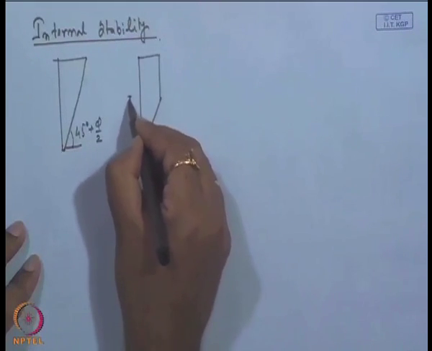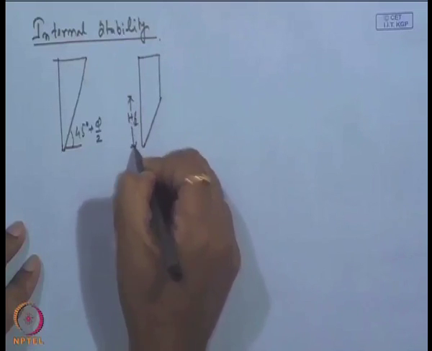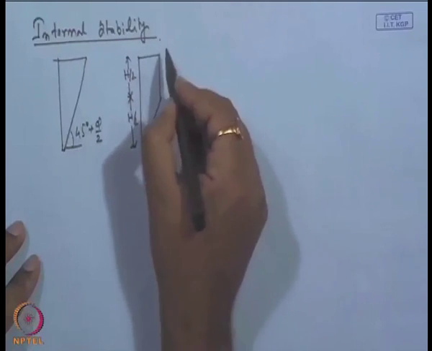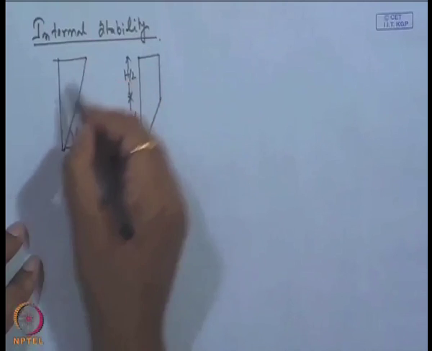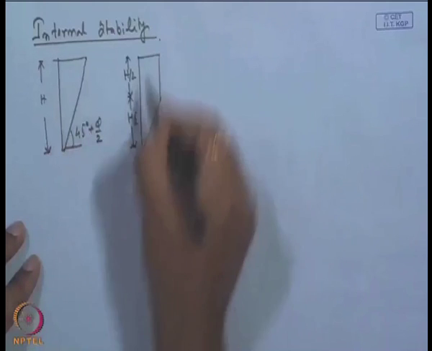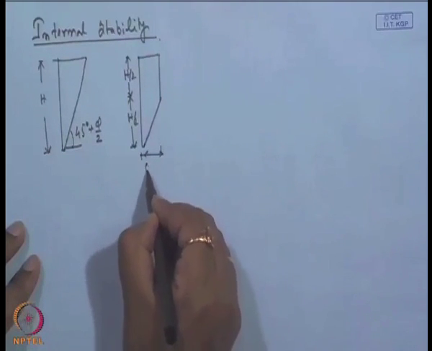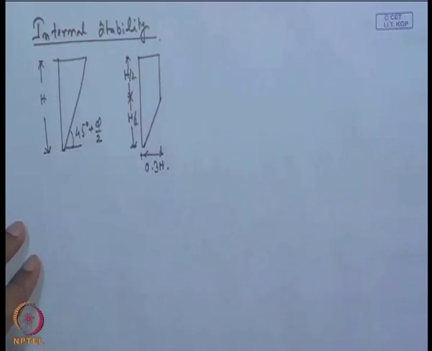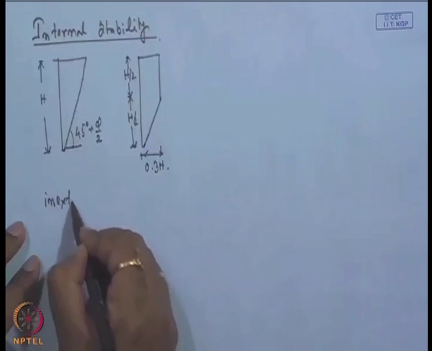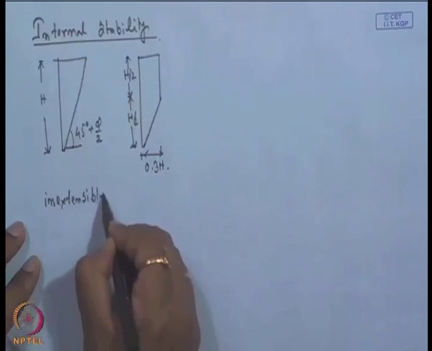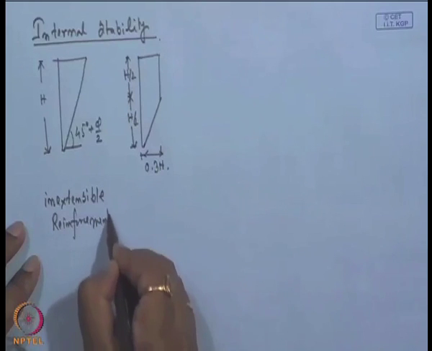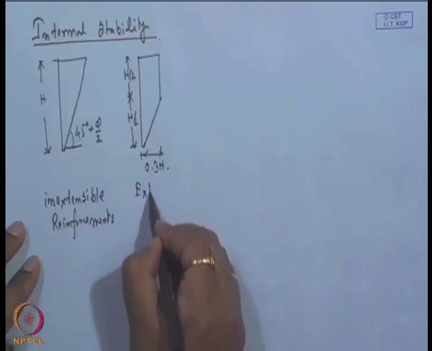This one is h/2, this one also h/2, and the total value is h, and this value is given as 0.3 h. This one is valid for inextensible reinforcement, and this is for extensible reinforcement.